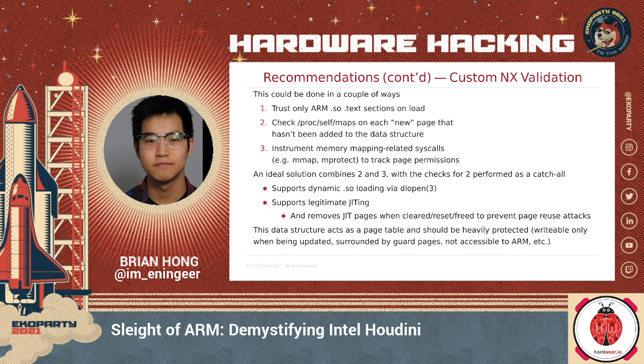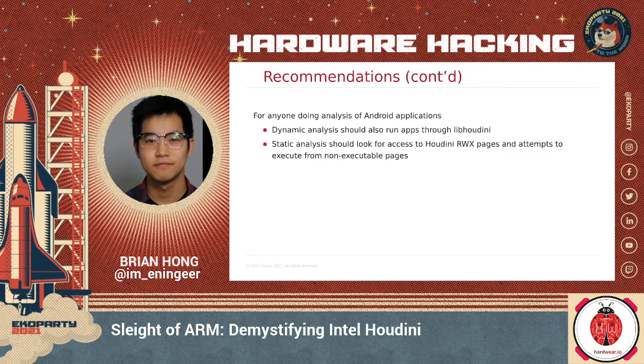Of course, this data structure should be heavily protected: writable only when being updated, surrounded by guard pages, and not accessible through ARM, etc. And for people doing analysis on applications, you should also run these apps through libhoudini and dynamic analysis instead of just trying it on random hardware or on a VM or a full emulator environment.